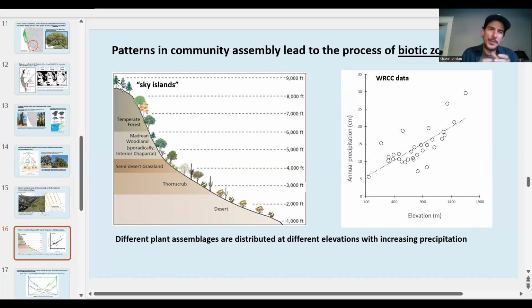And we might call these communities islands, islands of conifers or islands of pine oak woodlands that are very isolated from other such islands of conifers or pine oak woodlands, surrounded by tons and tons of desert vegetation. And so this is an interesting feature of biogeographical patterns that is very much influencing the distribution of species.